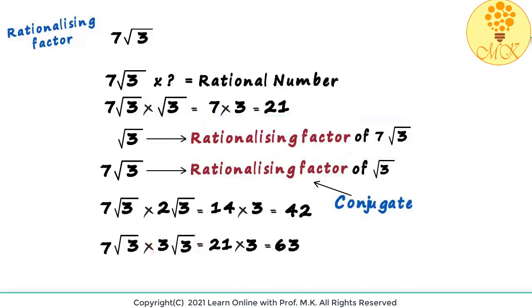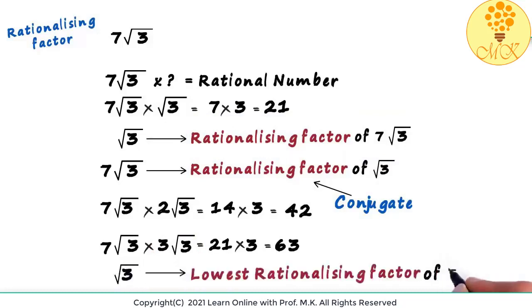Yes, it means that an irrational number has infinite rationalizing factors. So we can say that root 3 is the lowest positive rationalizing factor of 7 root 3. If we have 7 root 3 in the denominator, we can use any of these numbers to rationalize it, but it is recommended that we take the lowest positive one. It's pretty simple to find the rationalizing factors of such numbers. We just have to make sure that we get a rational number as the product.